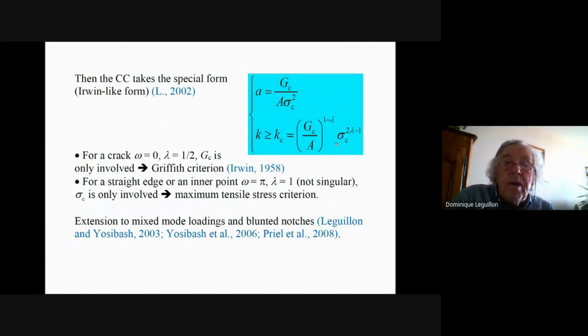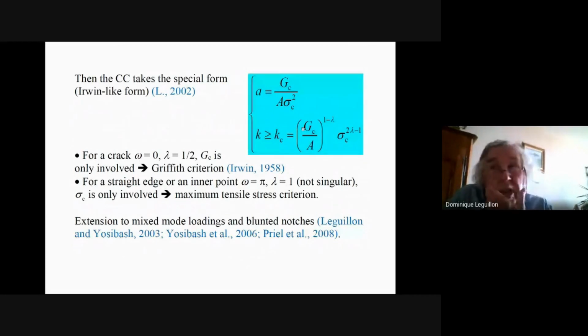You see, what is interesting in this relationship is that if you have a crack, lambda is 1/2, 2 lambda minus 1 is 0, this term is 1. These conditions only involve GC.